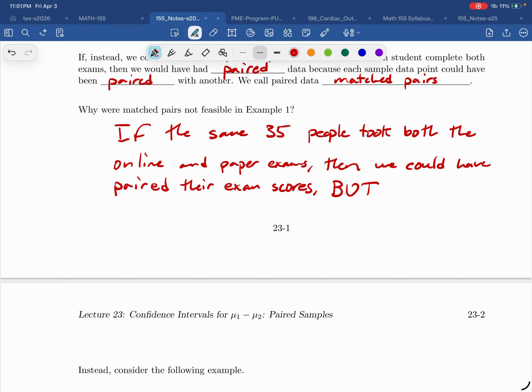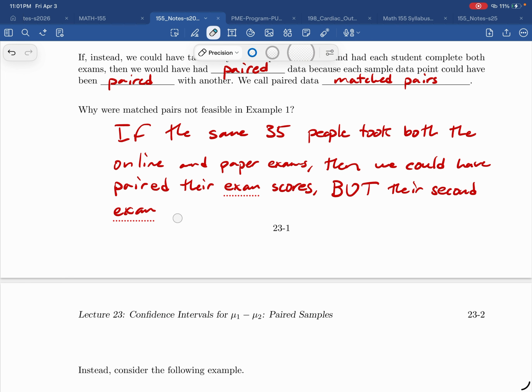but their second exam scores likely would have been higher.